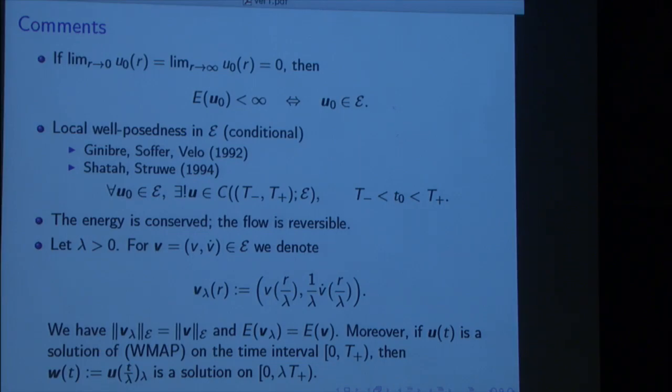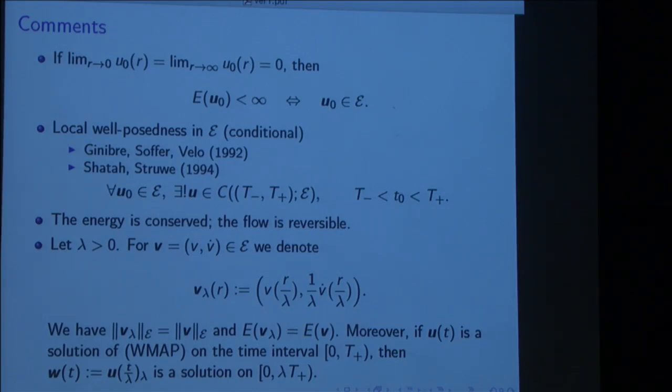There is some notion of solution which makes this true, and such that the solutions also satisfy the conservation of energy. This is more or less true for any this kind of wave equation.